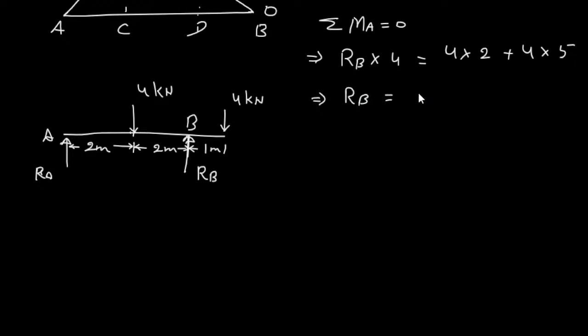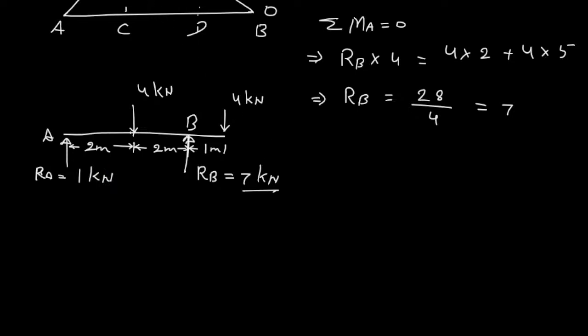So 28. RB is 28 divided by 4. 4 7s are 28. So value of RB is equal to 7 kilonewton. Total downward load is 4 plus 4, 8. We got RB 7, so RA, obviously, is going to be 1 kilonewton.